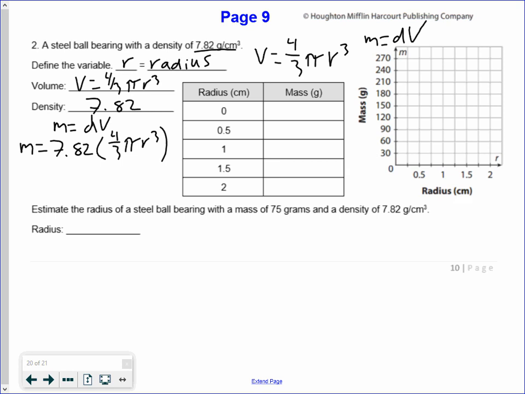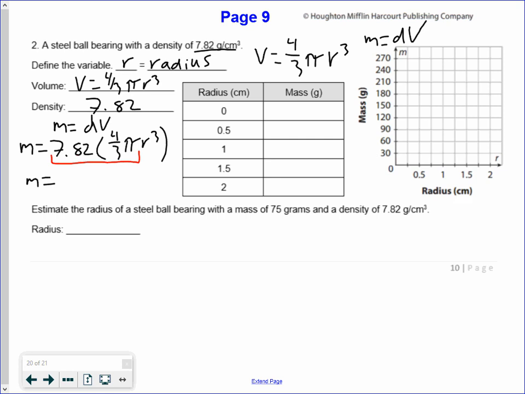And this is a lot to go through. There's a lot to plug in, a lot to solve for. I don't want to deal with that. So what I'm going to do is take the 7.82 and this 4 over 3 pi and combine them together. I'm multiplying them, and those are all constants. I'm going to estimate pi to be about 3.14 and multiply them all together just to make my life a little easier.